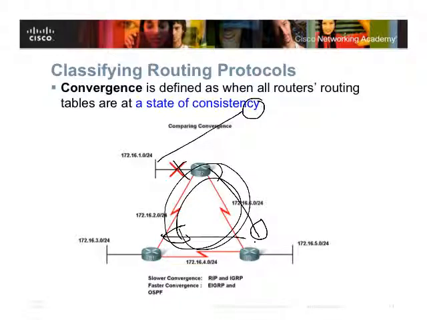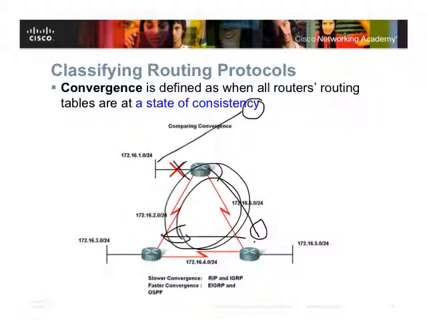Convergence talks about the fact that loops should never happen because all the routing information in all the routers is consistent. They will never lead to any wrong decision. If there is any topology change, router 2 informs router 1 and router 3, so all of them are informed.